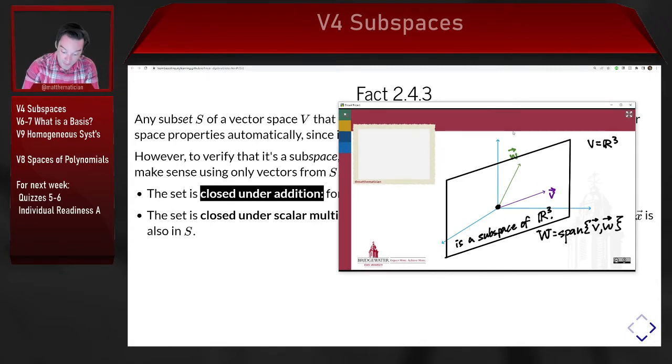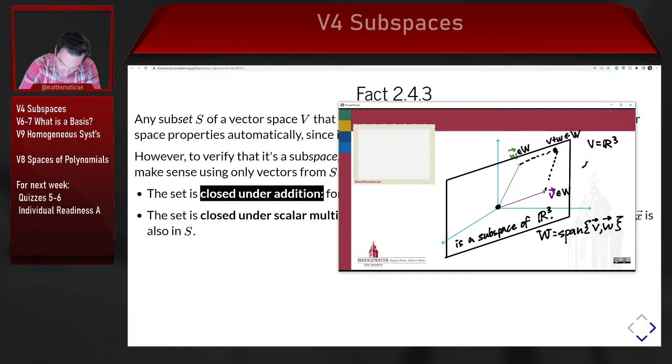So in this example, any two vectors v and w that I choose, let's say these are my two, if I add those two vectors together, and remember when I add vectors we get a picture that looks something like this in Euclidean space. Here's the other side of my parallelogram, call that v plus w. If v belongs to my subset and w belongs to my subset, then their sum will also belong to my subset.